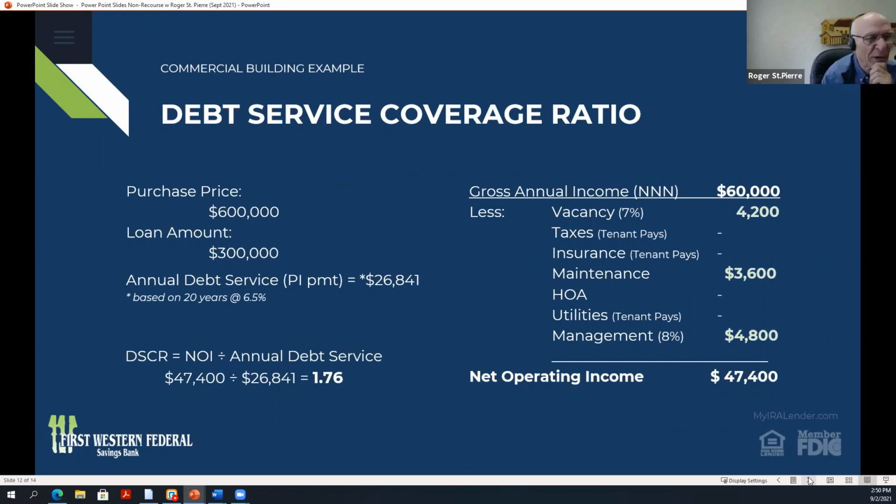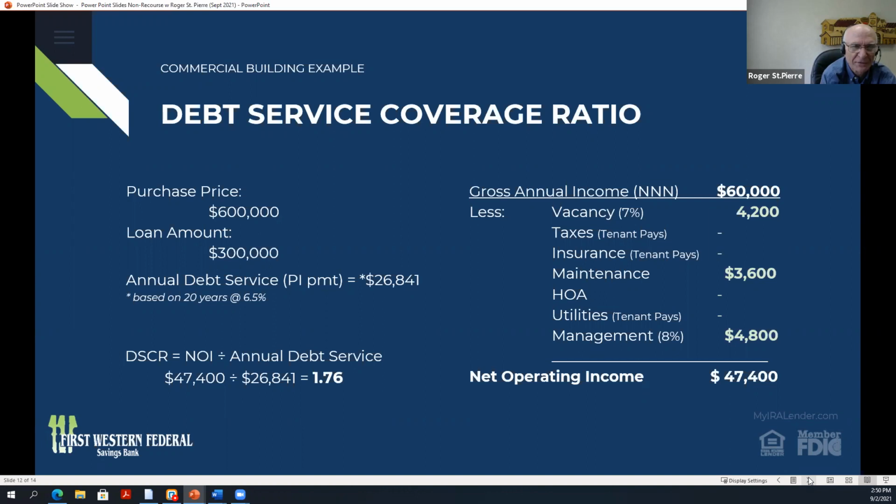And so their annual payments on that loan were $26,841. So then on the right side, this person had a $5,000 a month lease. So that thing was pulling in $60,000 a year gross income.